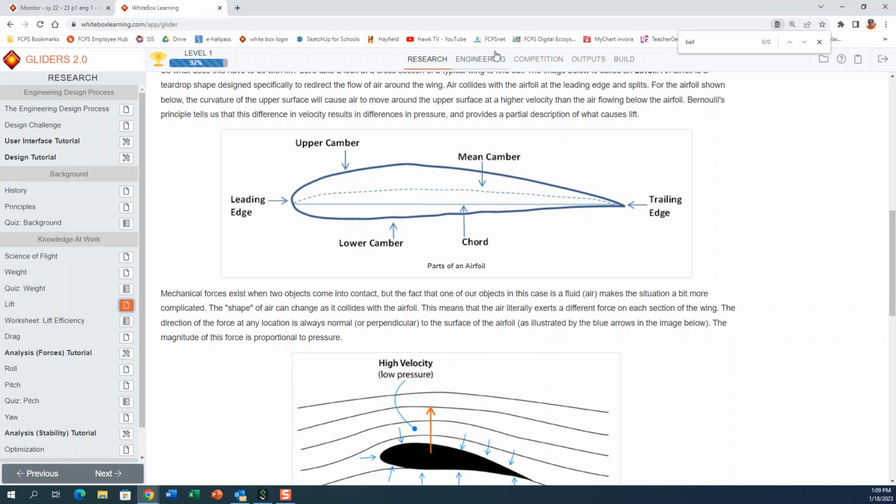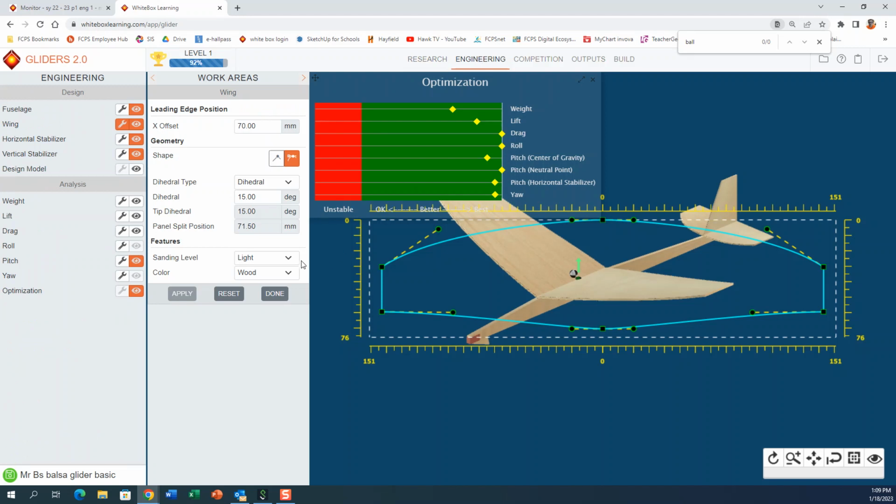Well, we don't have quite that level of control, but we do know it's going to take more than just a real quick sanding. We're going to want to increase our sanding to at least a medium amount. Let's see what happens. Come on, Whitebox.